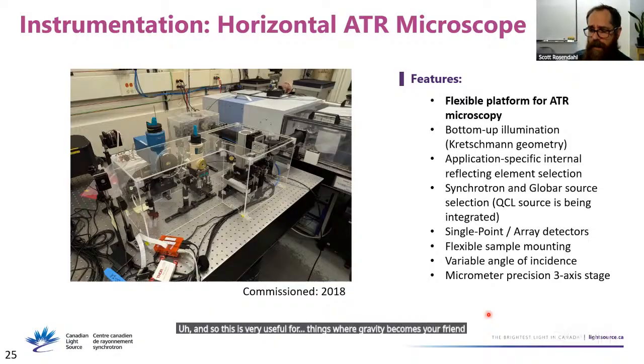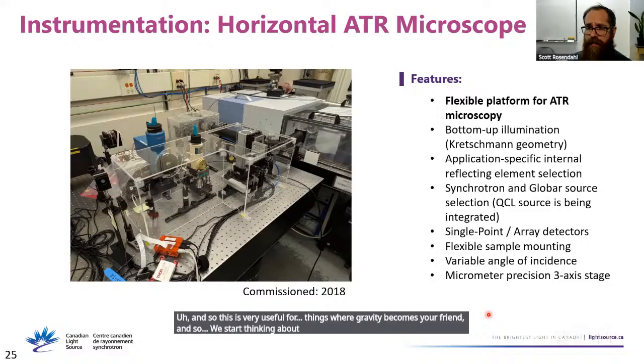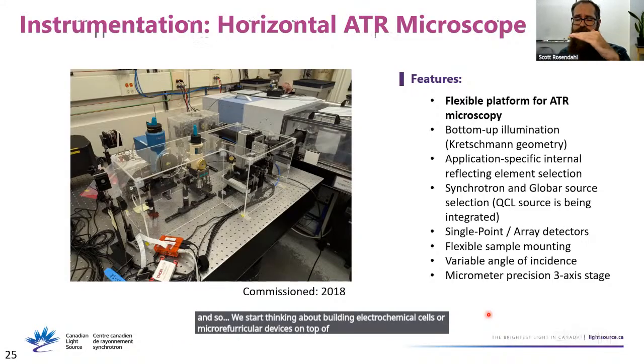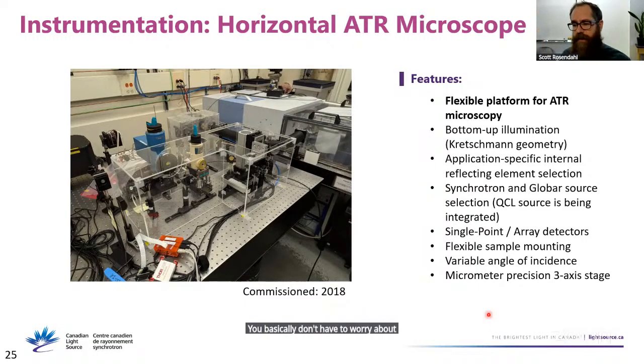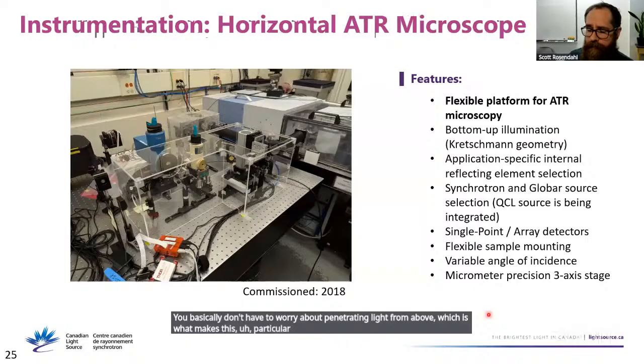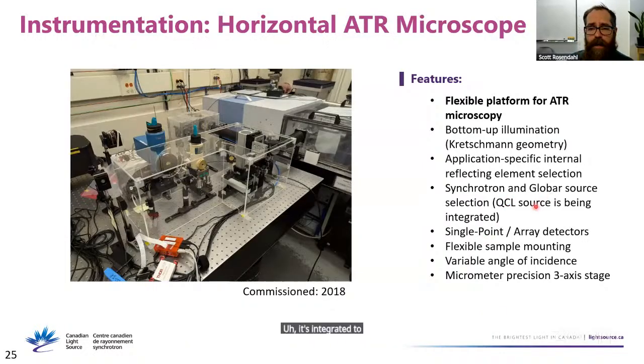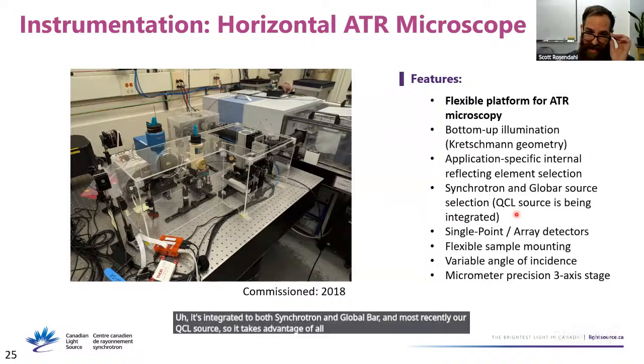When you start thinking about building electrochemical cells or microfluidic devices on top of this ATR crystal, you basically don't have to worry about penetrating light from above, which is what makes this particular platform very, very flexible. It's integrated to both synchrotron and glow bar, and most recently our QCL source, so it takes advantage of all 3 sources that we have at the beamline.